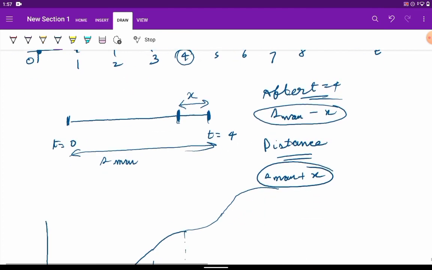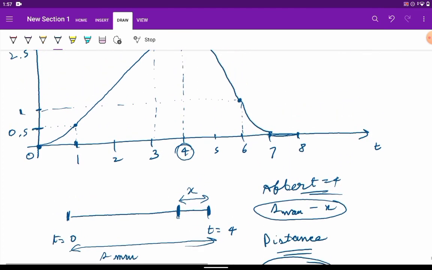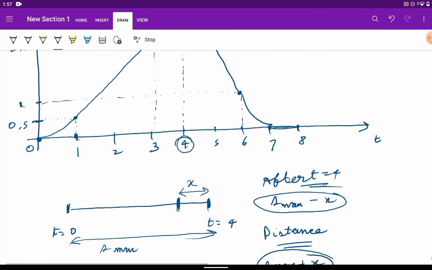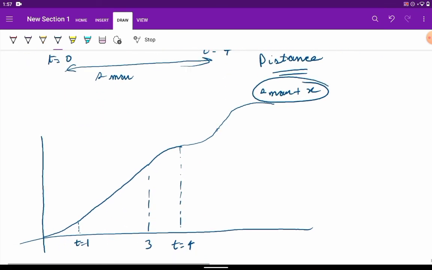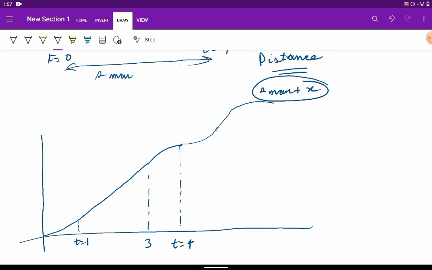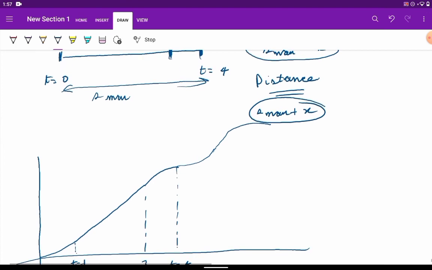Now after t equal to 4, t equal to 6 is where you have the maximum magnitude of the slope, which is somewhere around here, I suppose.